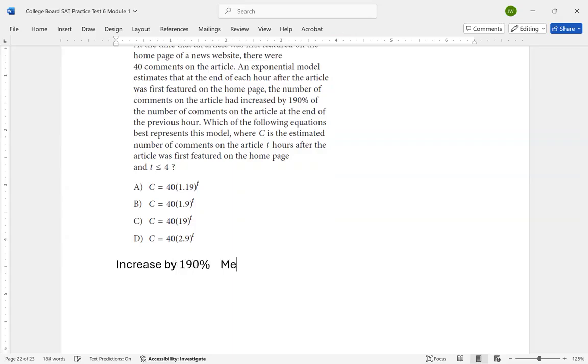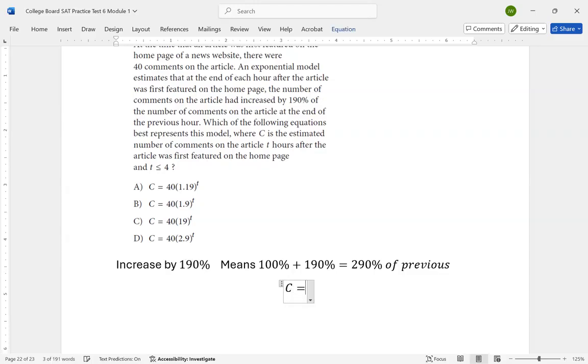That means 100% plus 190%, or 290% of the previous value. And each hour we're getting a multiplication by 290%.